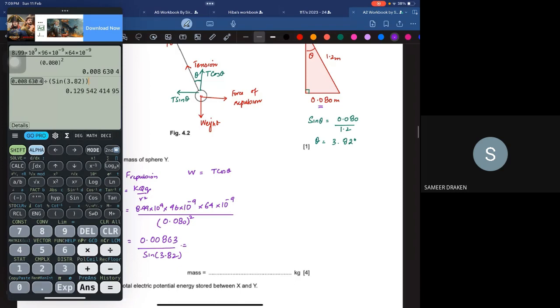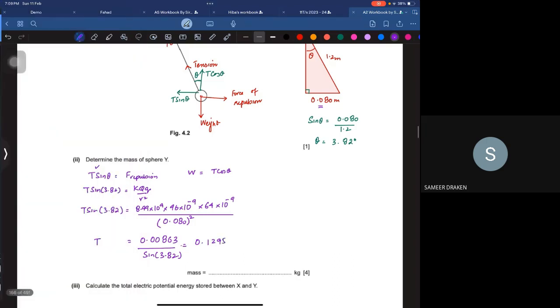I'm getting a tension of 0.1295. I'm taking more decimal places right now and will round at the end. Sometimes if you round in the middle, you lose the correct significant figures in the long process, so you don't want to do that.